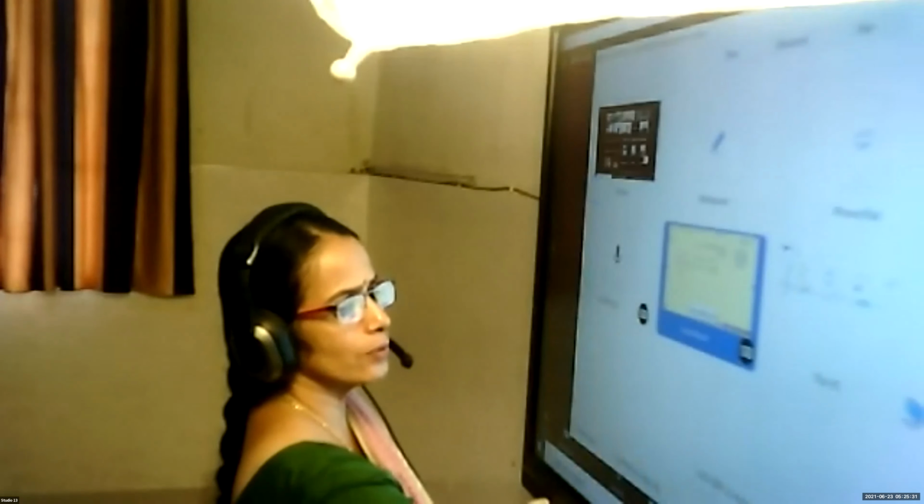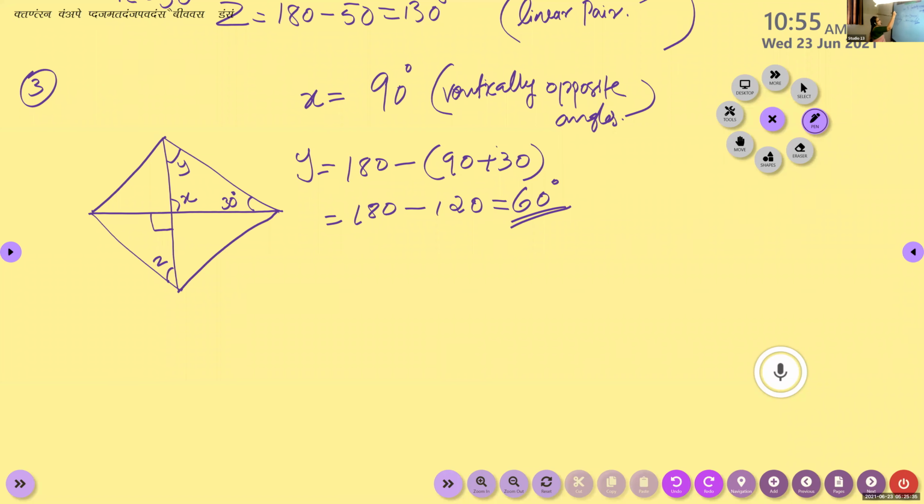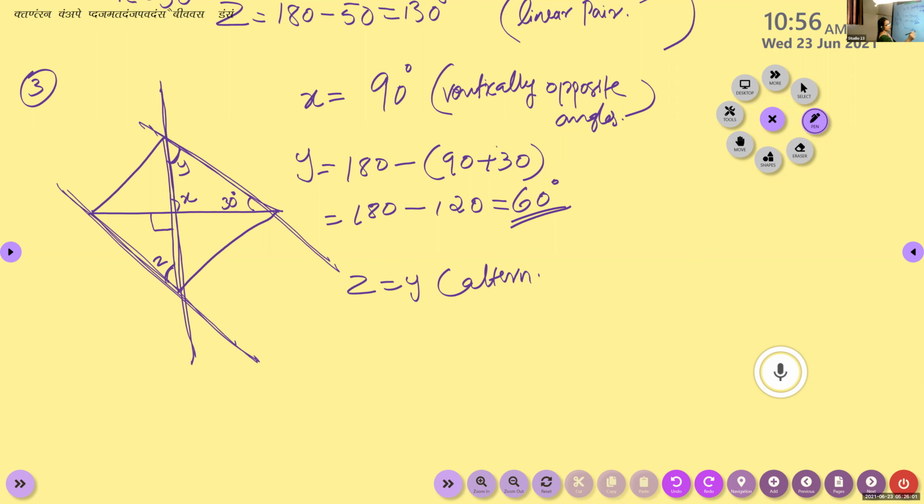Y and z are alternate interior angles, because these two are parallel lines. Since it is a parallelogram, these two are parallel lines, and this is a transversal. So z and y are alternate interior angles. So you write z equals y, alternate interior angles.